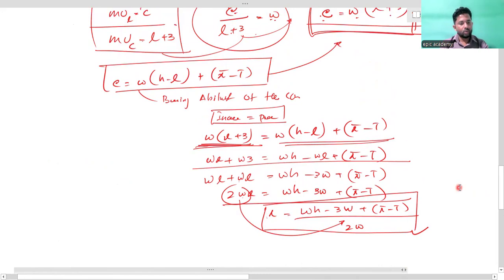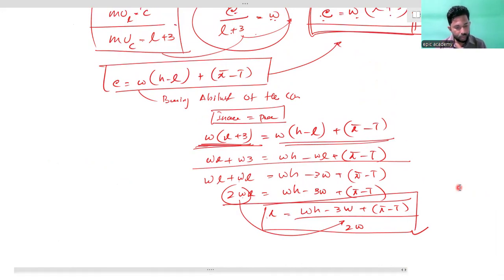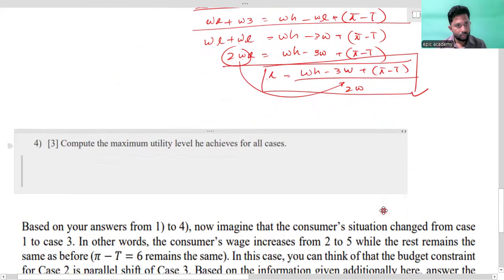So after that, you have to calculate the next problem. Compute the maximum utility level achieved for all cases.